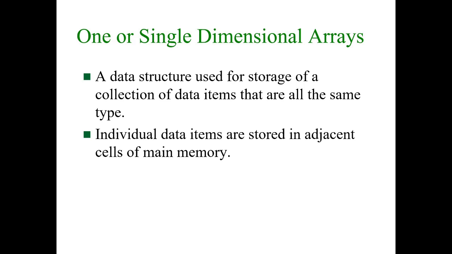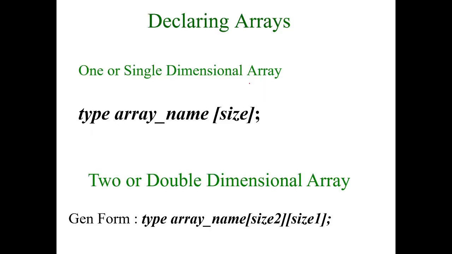For example, you want to store 5 numbers in a single dimensional array. For example, you want to store 12, 15, 18, 22, 25. You can store them in a single dimensional array. Individual data items are stored in adjacent cells of main memory.